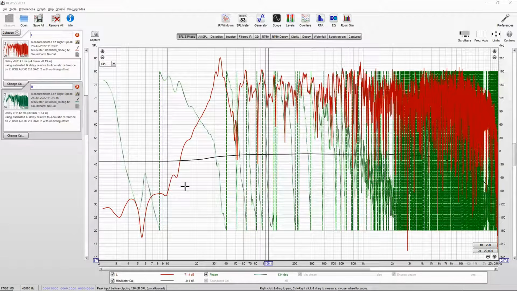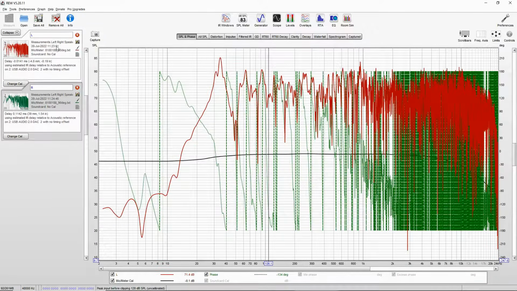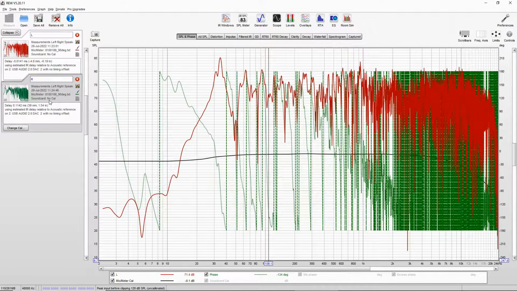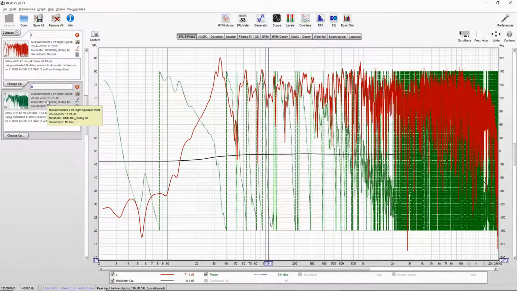I'll be using my actual speaker measurements, left and right, in this tutorial. These are 4 megabytes long, like the longest sweep measurements. It gives the highest signal to noise ratio, and they are done at the volume level which I usually listen to my system, which is quite important.